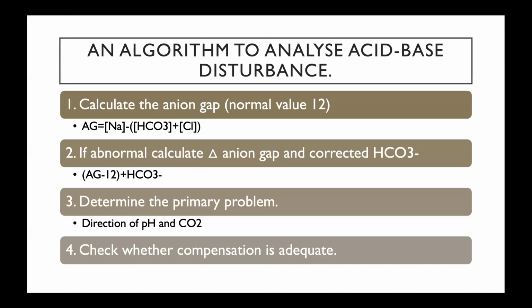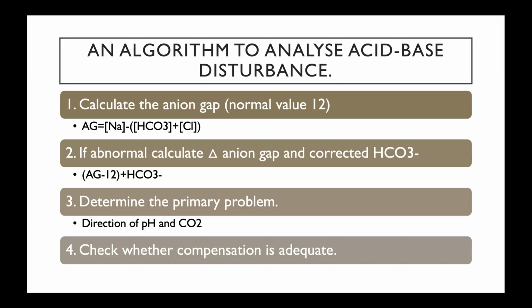To determine the primary problem, as I said earlier in the previous slides, you just have to look at the pH and carbon dioxide. If pH and carbon dioxide move in opposite directions, then it's a respiratory problem. If they move in the same direction, then it's a metabolic problem. Why is it so? If the carbon dioxide goes up, the pH should go down.